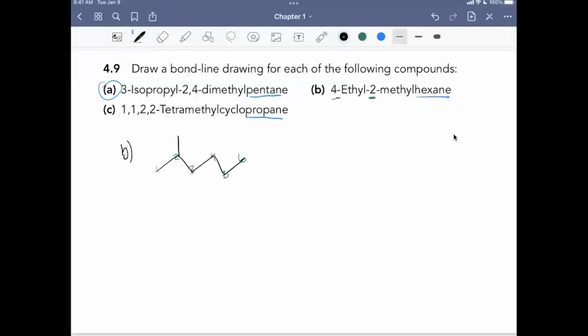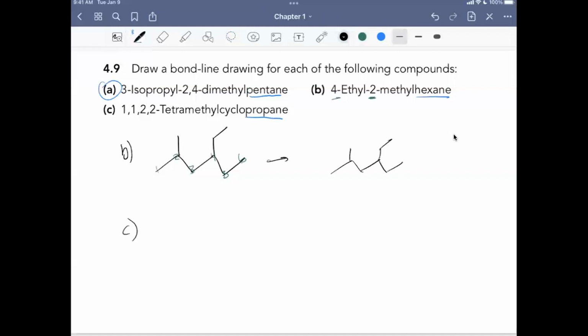So 2 carbons, ethyl. So on carbon 4, we should have 2 carbons branching out. And let me show that without the numbers. A methyl and an ethyl. Again, ethyl is 2 carbons, methyl 1, propyl 3, butyl 4. So that's that.